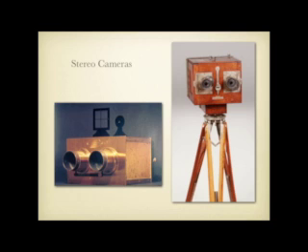These cameras were a sort of alternative to some of the larger cameras that we've seen already. If one of these photographers was going out into the world with their large mammoth plate cameras of 16 by 20 or 20 by 24 plates, they might also take along a twin lens stereoscopic camera.